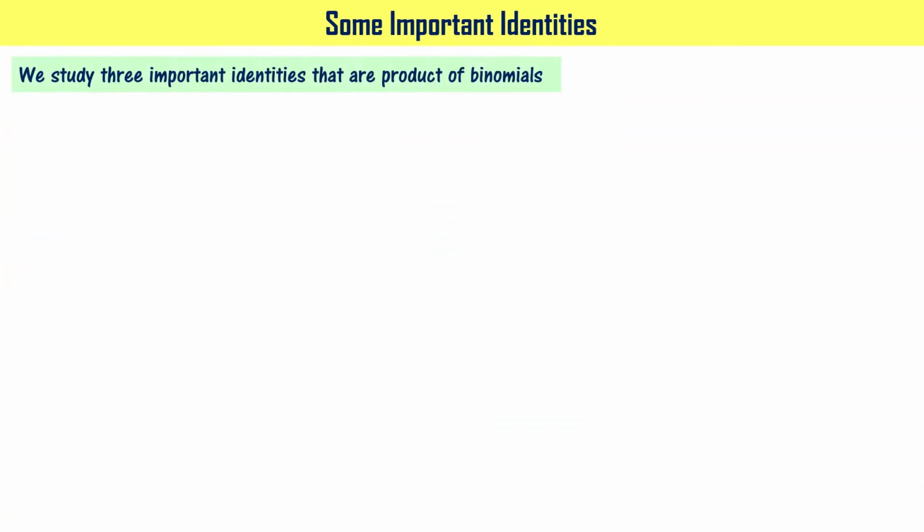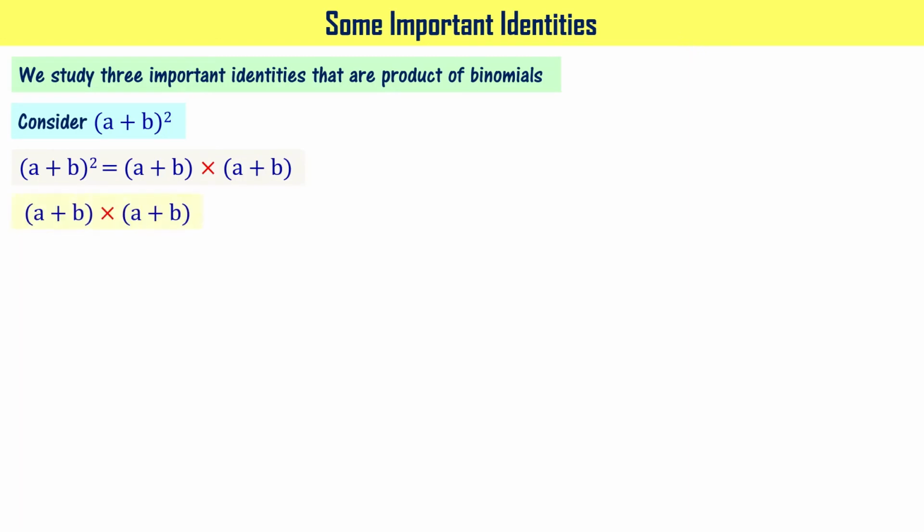Let's learn about some important identities now. We study three important identities that are product of binomials. Let us consider a plus b whole square. That can be written as a plus b times a plus b, right? We know how to multiply two binomials, right?